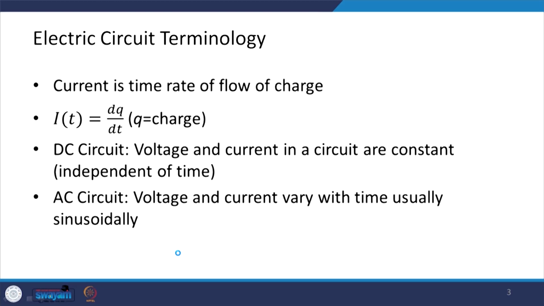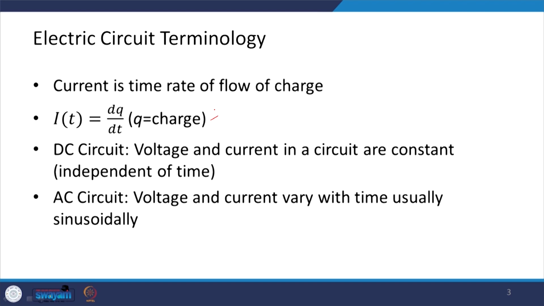Current, as we know, is the time rate of flow of charge. So, the current, which is a function of time, is given by dq by dt, where q is the charge. Now, we come across two types of circuits: the DC circuit, direct current circuit, and the AC circuit, alternating current circuit.